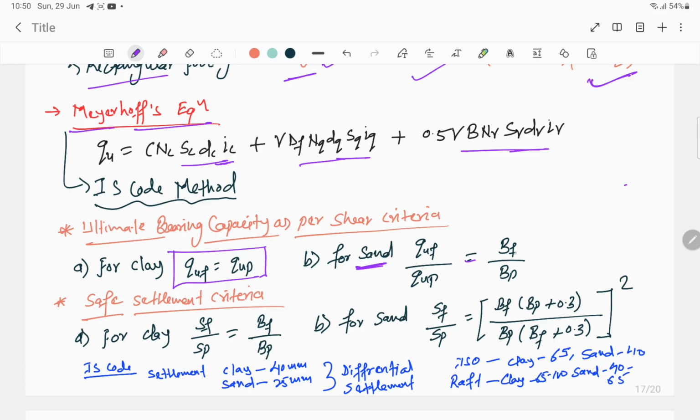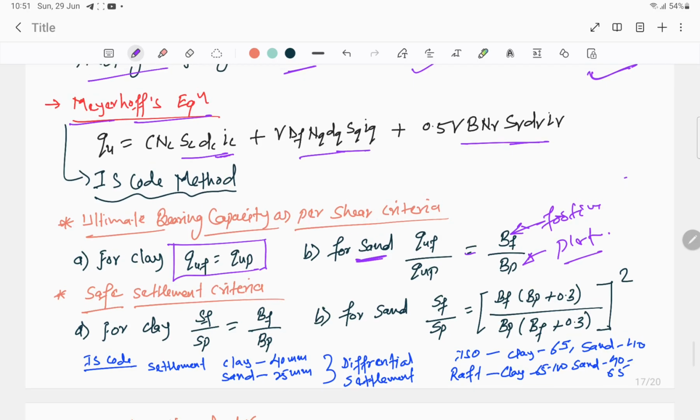So here suffix F and suffix P are the widths of footing. This is for footing, and this is for plate, whatever be the size of the test plate. So if these 3 values are given, you can automatically calculate the 4th one. So a small objective numerical question may be asked on this formula.